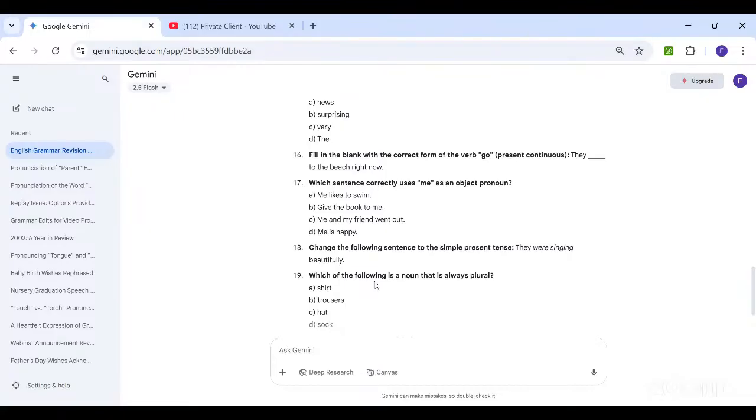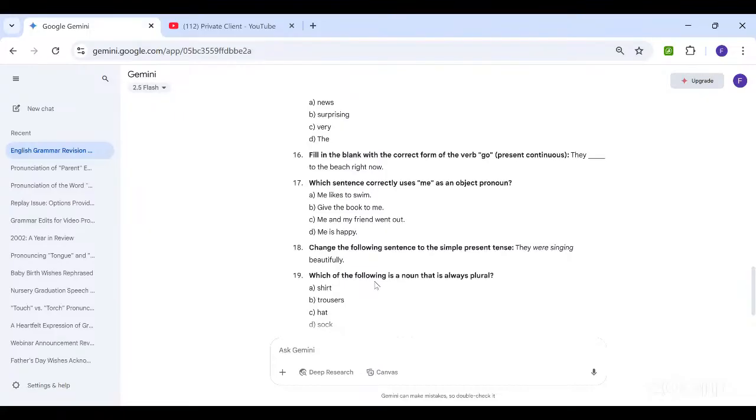No. Simple present. Singing is continuous. Remember, ing shows continuous word. Okay. They sing beautifully. Yes, they sing beautifully.